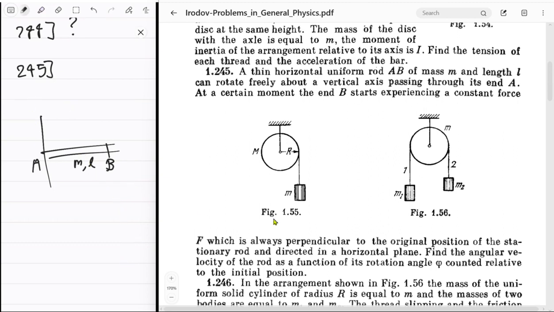I think I get what's going on. This is a constant force, right? And wait, okay, it starts experiencing a constant force. But that just means this guy's acceleration in a particular direction is always constant. That's bad actually, right?